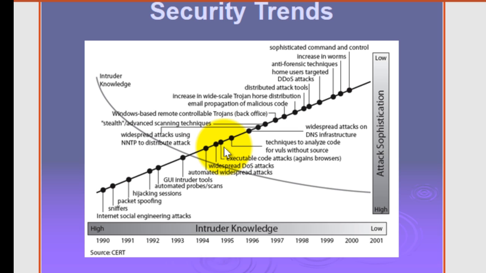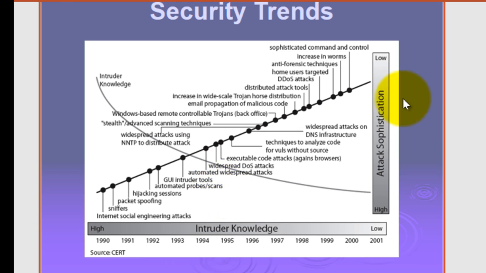And GUI intruder tools. There are different tools which will intrude into a graphical user interface, and automated probe scans. Probe, in the sense, it automatically generates and spreads the virus. So it will scan your whole system and affect all your system, and also it will affect the connected systems.